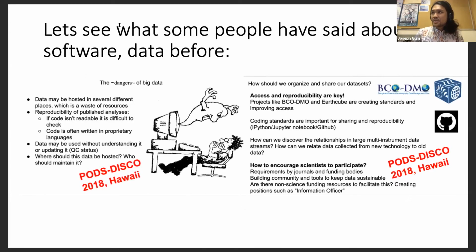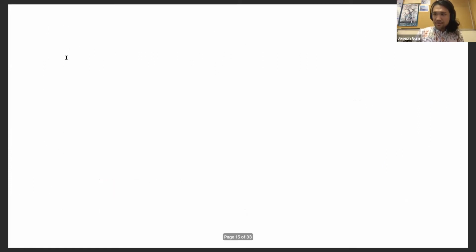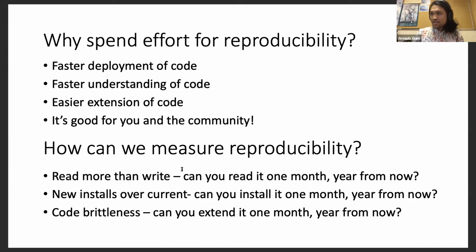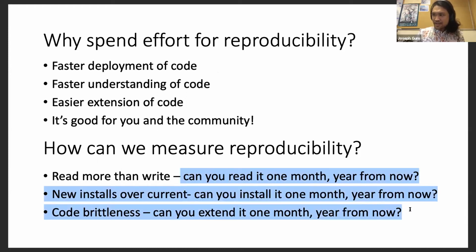So let's see what people have said before. I'm going to peek ahead a little further. For measuring reproducibility, I call this the time-space continuum. Can somebody else do these actions, where that somebody else may be you just 1 year in the future?